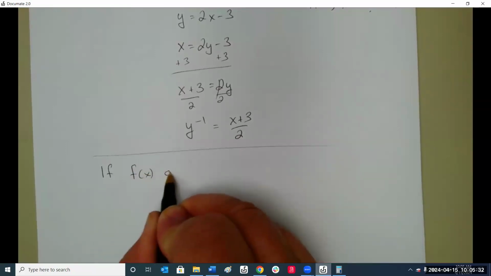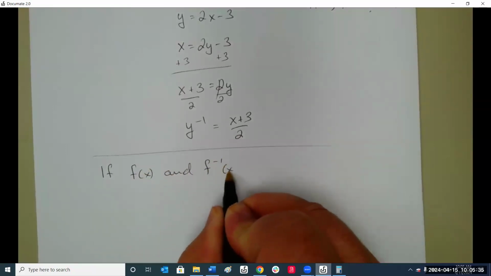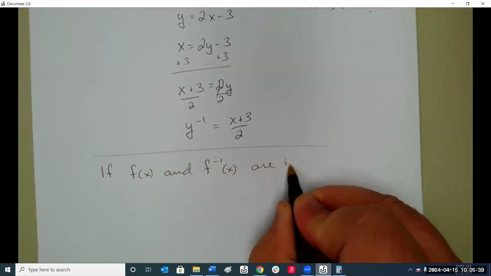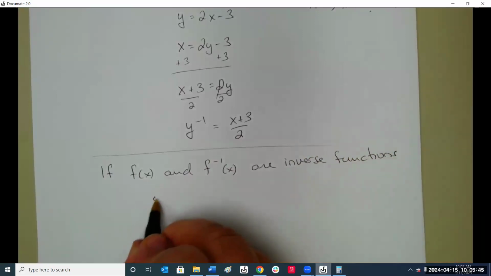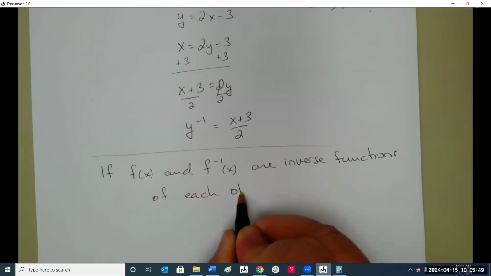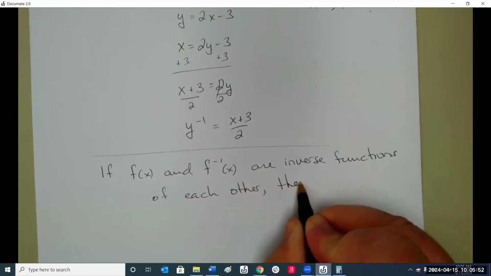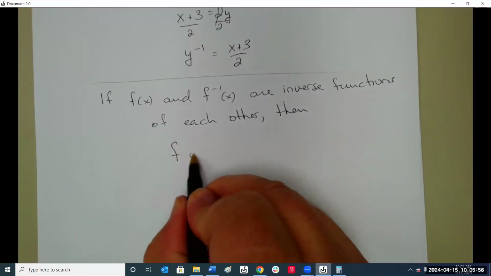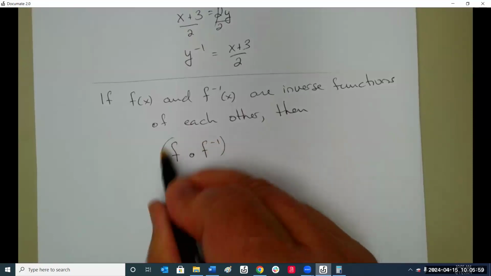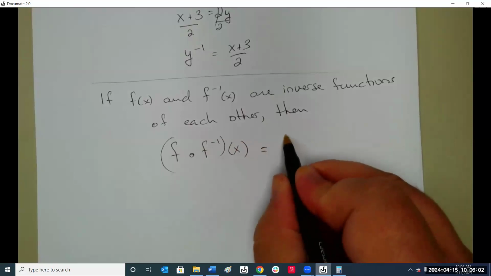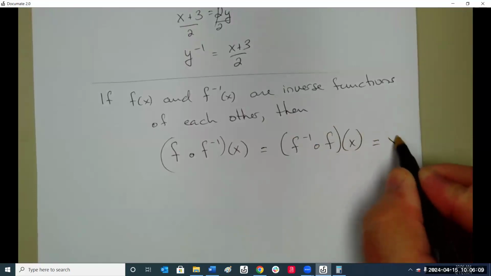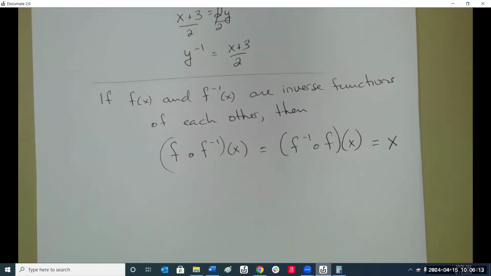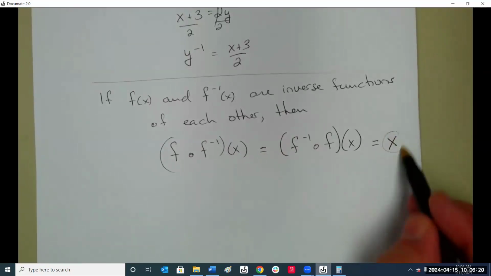If f of x and g of x are inverse functions of each other, then the composite both ways has to give you a value of x.